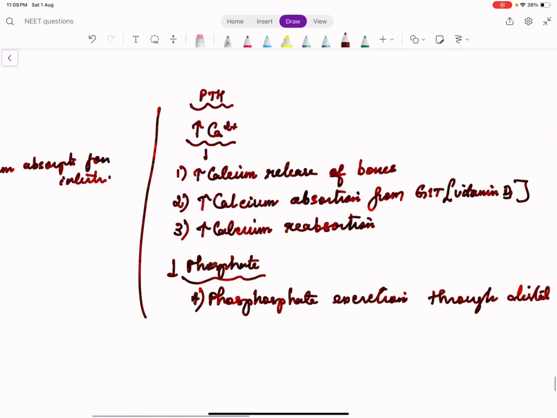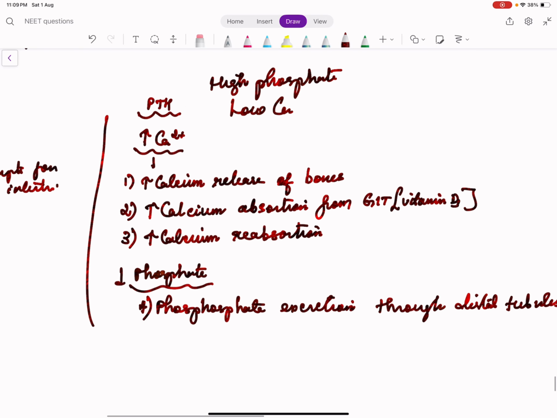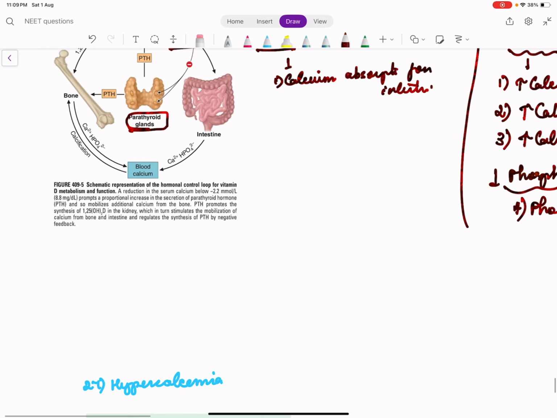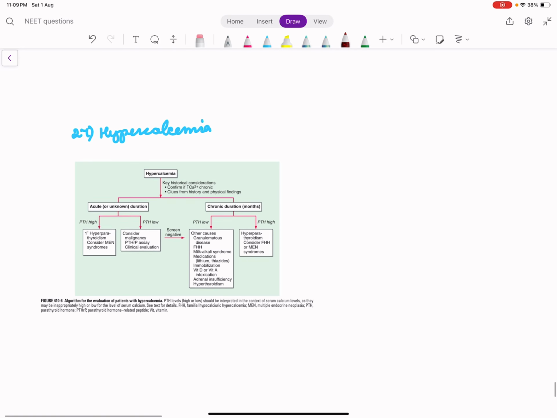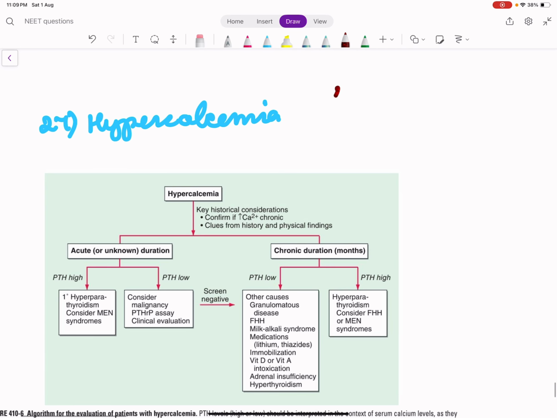So the stimulus for PTH is high phosphate or low calcium. So high phosphate or low calcium, these two triggers increase PTH. So PTH increases calcium by increasing calcium resorption of the bones, increasing calcium absorption from the GIT through vitamin D, and increasing calcium reabsorption from the kidney. So the function of PTH is to increase calcium.